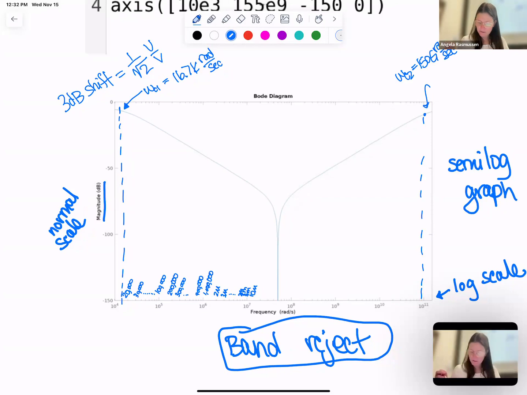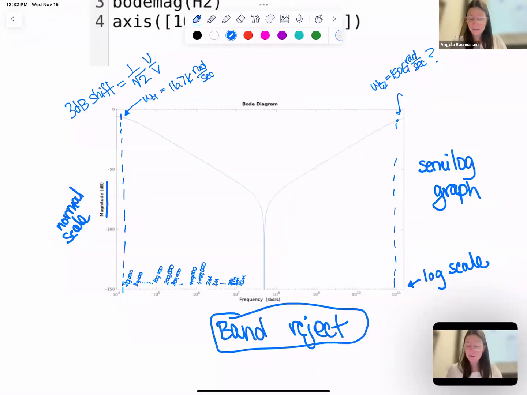Now that's not in the gigs, is it? Wait, 150, 10, 100. That doesn't look right, but we're going to use this value anyway.